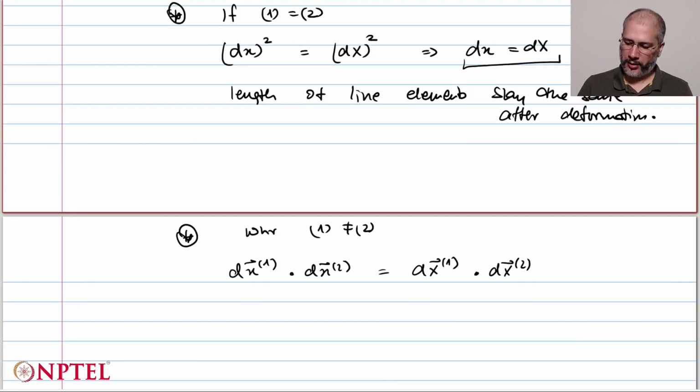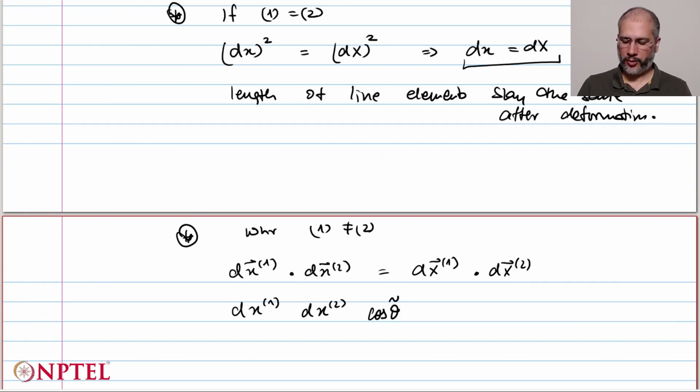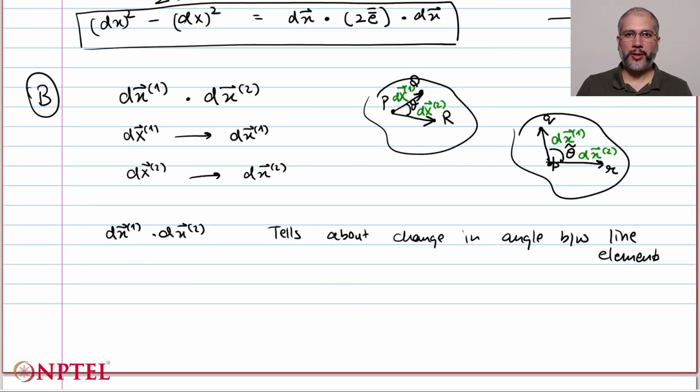And since we just showed that for this situation where E equals 0, the length of line elements do not change, we'll write these as d small x length 1 times d small x length 2 times cosine theta tilde. So theta tilde is the angle between these two vectors, d small x1 vector and d small x2 vector, as you can see in the figure here. This is the angle theta between these two line elements, and the line elements deform to these small dx1 and dx2, and the angle between them changes to theta tilde. So theta tilde is the angle between d small x1 and d small x2, and theta is the angle between d capital X1 and capital X2.